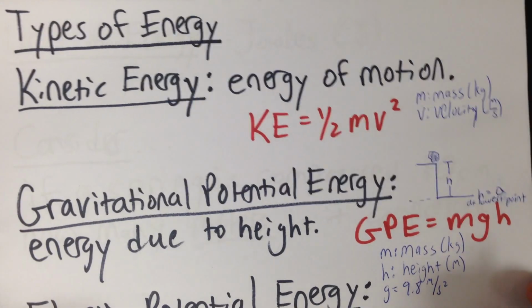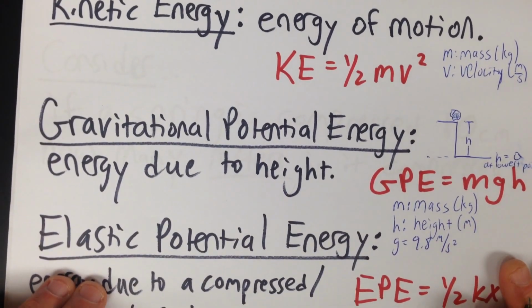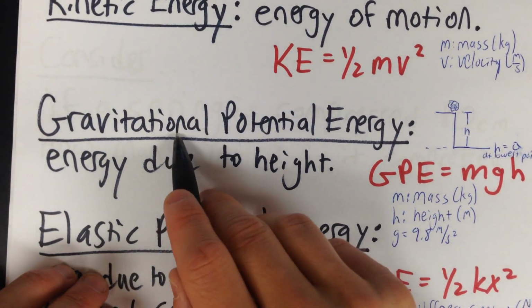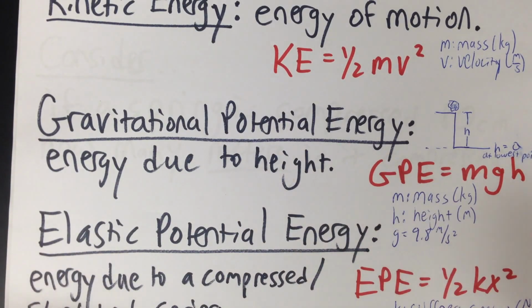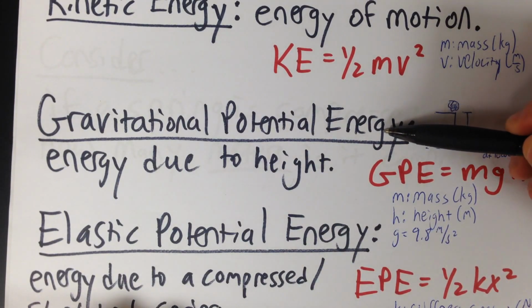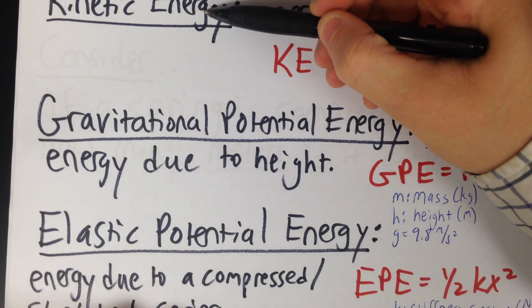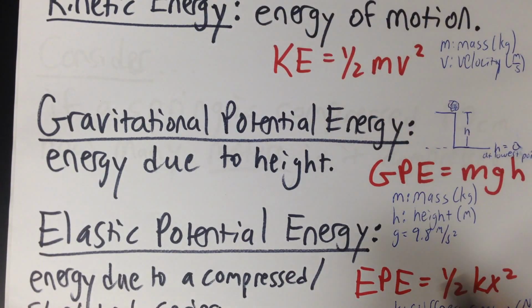Our second type of energy is called gravitational potential energy. So potential energy means it's stored energy. When something is lifted up to a certain height, it gets gravitational potential energy. If you let it go, then that gravitational potential energy will turn back into kinetic energy, energy of motion.